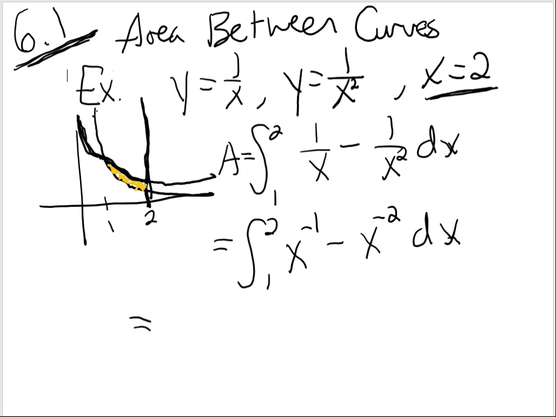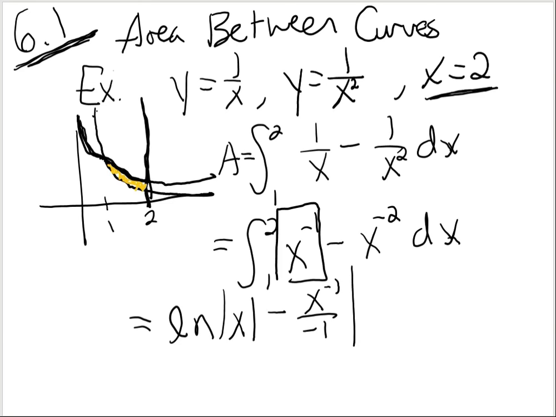And we can find the antiderivative. Remember, the antiderivative of x to the negative 1 is natural log of the absolute value of x. And then it's going to be minus x to the negative 1 over negative 1, evaluated from 1 to 2, or natural log of the absolute value of x plus 1 over x, evaluated from 1 to 2. What does that give us?